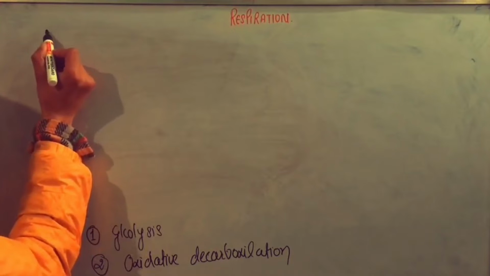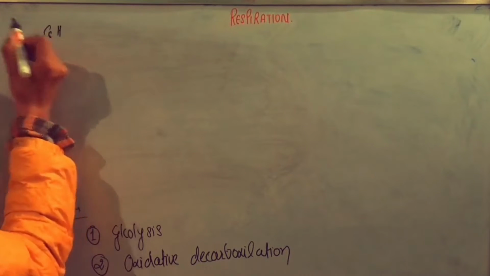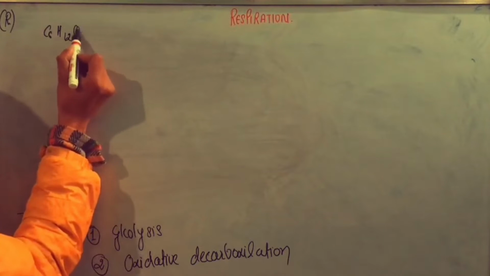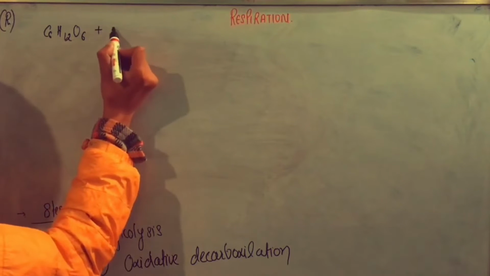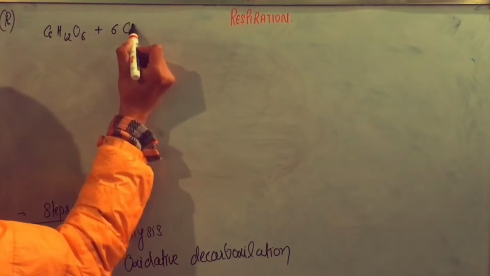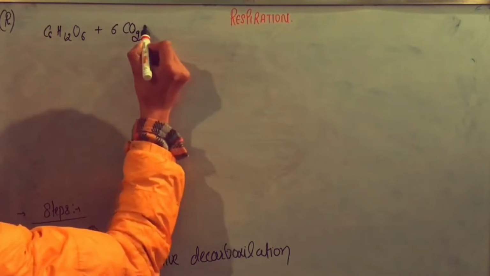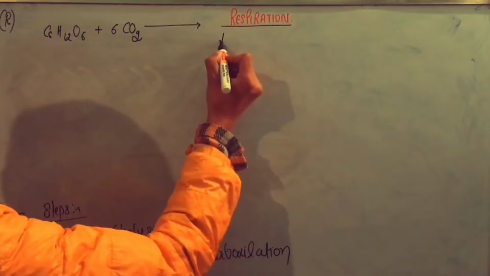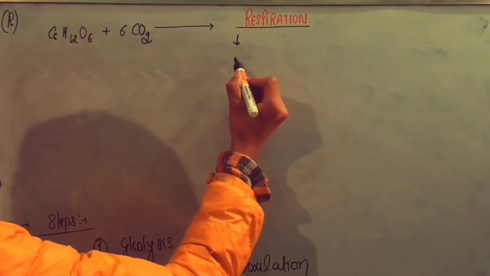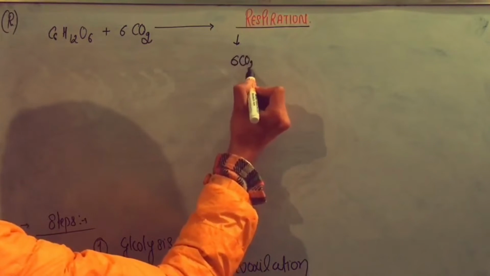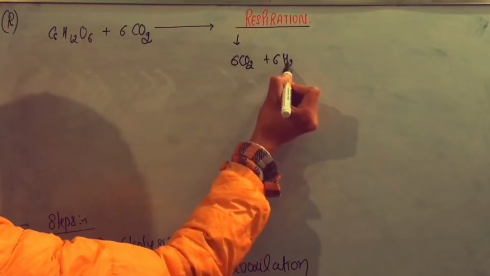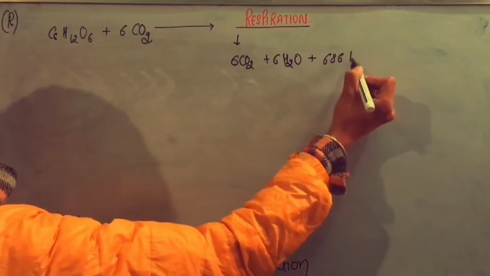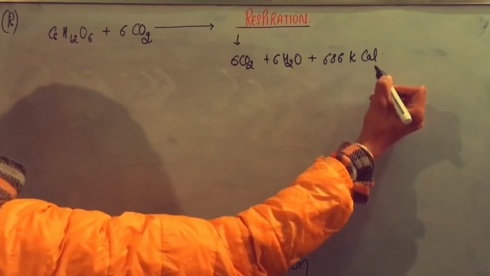So during the process of respiration, the glucose molecule C6H12O6, in the presence of 6 molecules of oxygen, is converted into 6 molecules of carbon dioxide plus 6 molecules of water, and 686 kilocalories of energy is released.